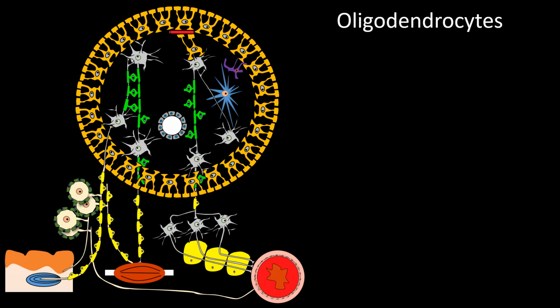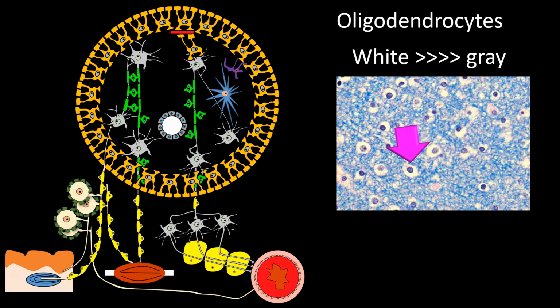Next, we have the oligodendrocyte. They are represented here in green. They are mainly in the white matter. Oligodendrocytes have a fried egg appearance on histological preparations, as you can see.